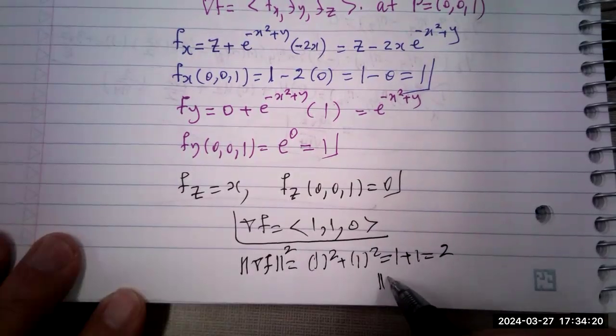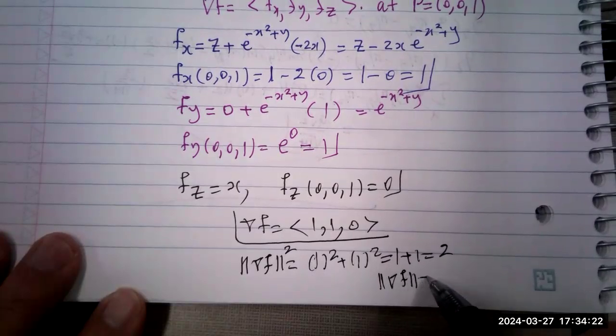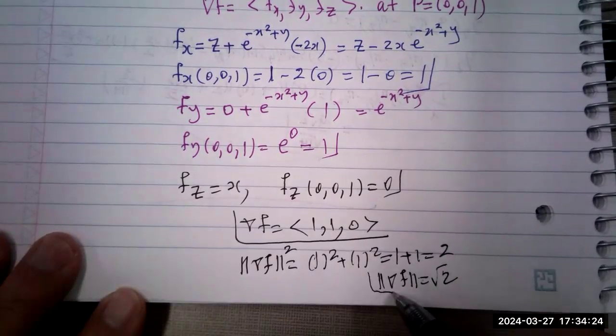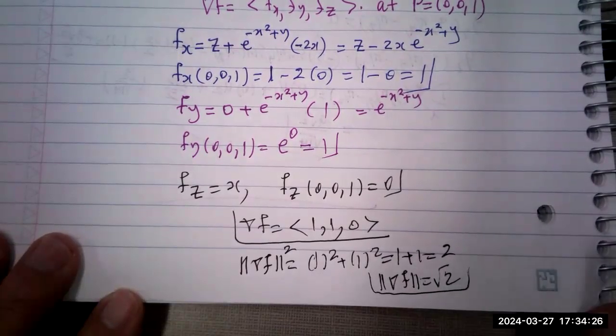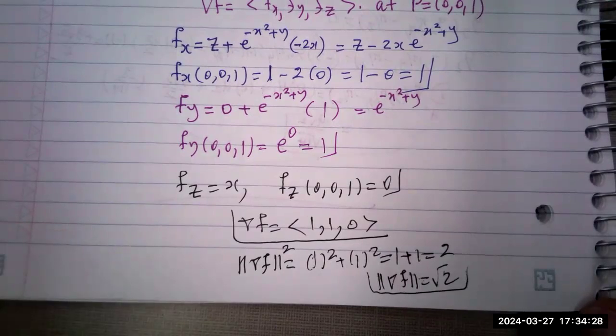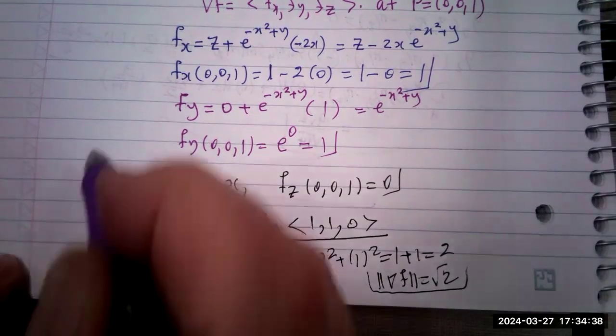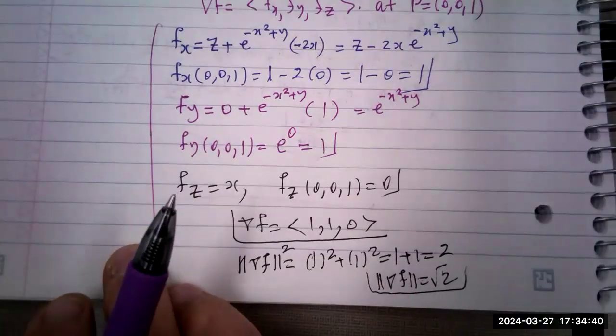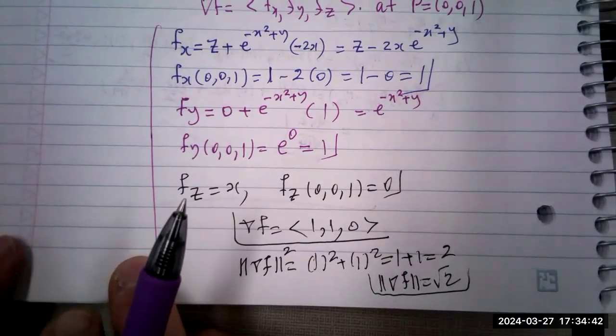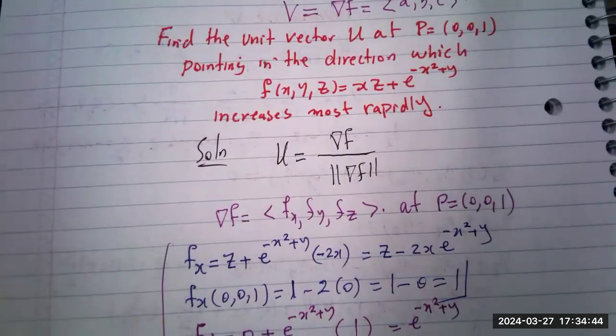So the norm of the gradient would be radical 2. This is the maximum value. If they ask for the maximum rate of change, this would be it. And they ask for the direction. Direction is this. They ask for the unit vector. So there you are.